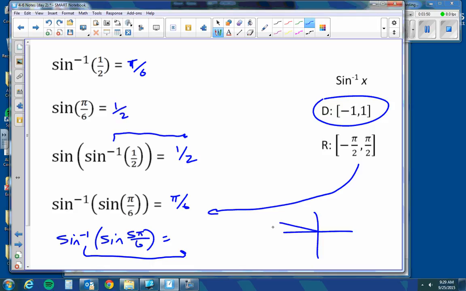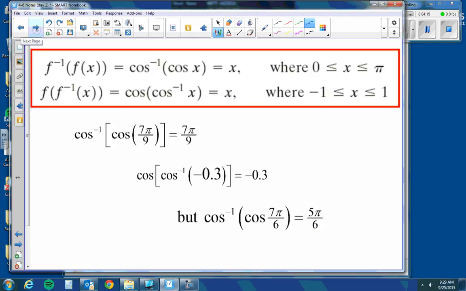Sine is positive there. But the inverse sine can't give us second quadrant; it only goes first or fourth. In this case, first, since sine is positive. So the answer must come from the other quadrant where sine is positive, so it's just pi over 6. Don't worry, we'll practice that more, but you can see it's different. You can't just treat it like inverses if it's outside the restriction.